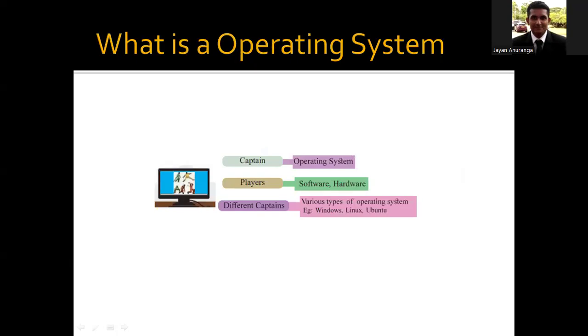Then we can describe the operating system as a captain of a team. The players can be software and hardware. Different captains are various types of operating systems: Windows, Linux, and Ubuntu. Likewise, there are many operating systems that work in computers, especially desktops or laptops, and also in smart devices, especially tabs and smartphones.